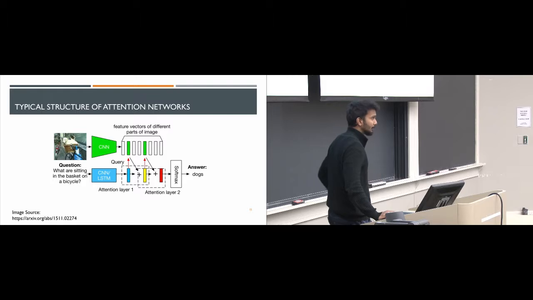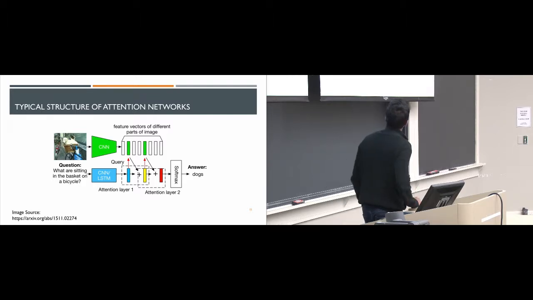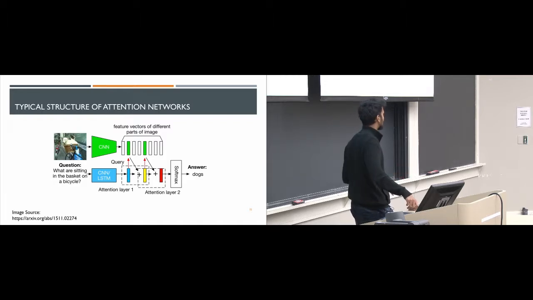Coming back, in the typical architecture of an attention network, you have an encoder and you have a decoder. Encoders can be anything. It can be a bunch of CNNs, a bunch of LSTMs, or a combination of any of these. The whole point of an encoder is to produce a high-level representation.